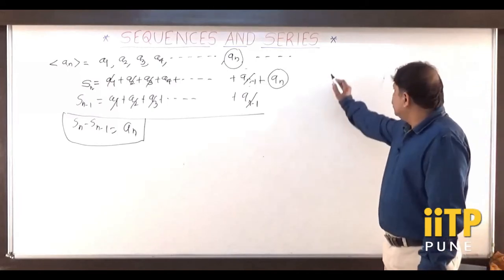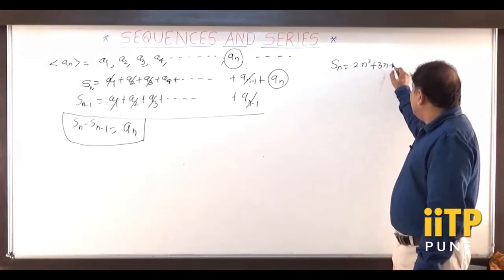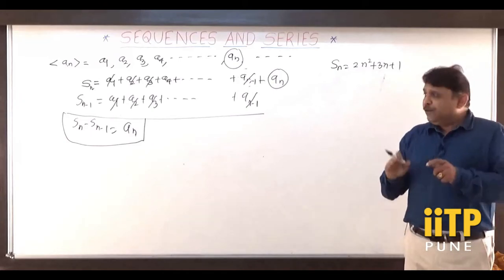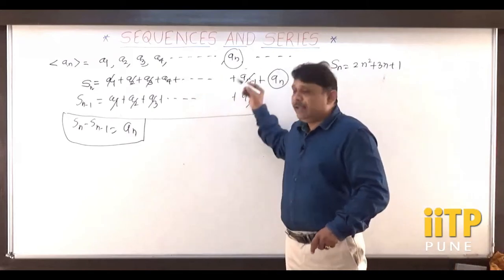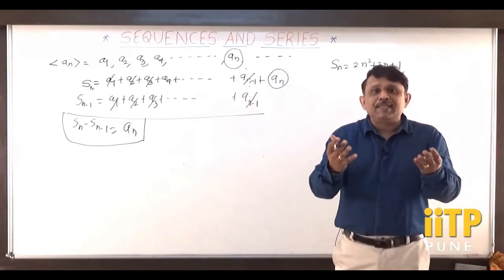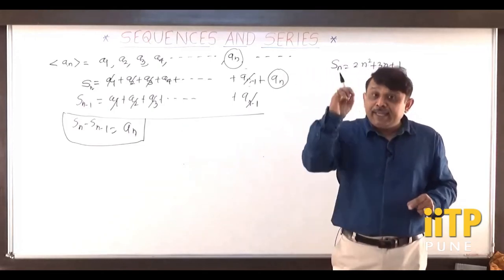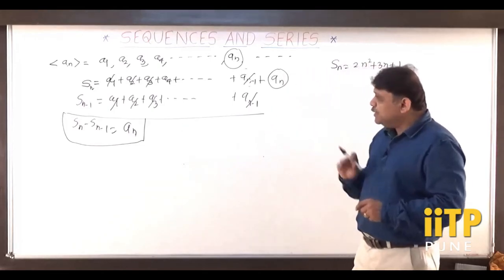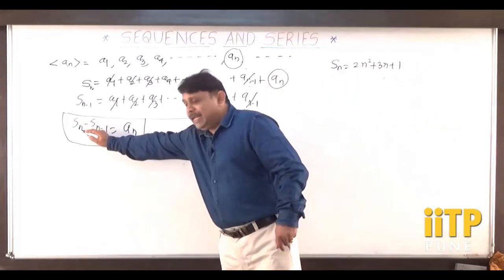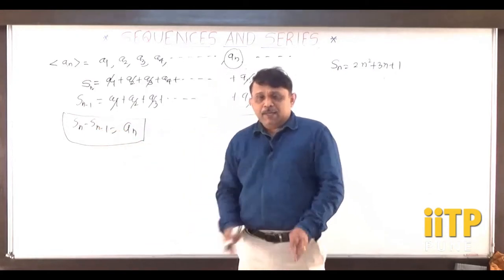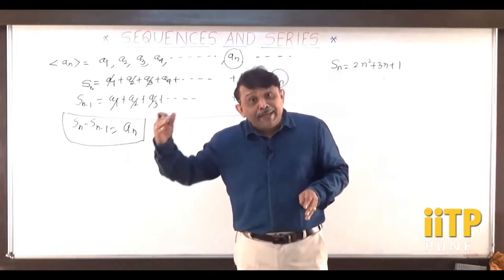For example, suppose Sn is 2n square plus 3n plus 1. If Sn is the sum of the first n terms of a sequence, the question is, what is that sequence? Now, to find the sequence, it is enough to know the nth term. The nth term can be found using the formula Sn minus S(n-1), the sum of the first n terms minus the sum of the first n minus 1 terms.